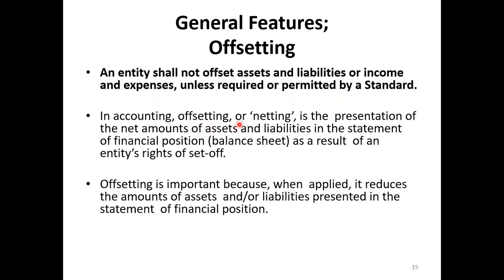In accounting, offsetting, or netting, is the presentation of net amounts of assets and liabilities in the statement of financial position as a result of an entity's rights of set-off. So offsetting is important because when applied, it reduces the amount of assets and liabilities presented in the statement of financial position.